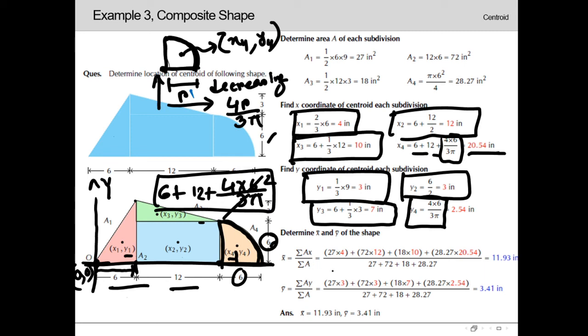Plugging all those values in the formula of x bar and y bar, we will get the centroid of this composite section or composite shape. The coordinate of the centroid of this entire shape will be x bar equal to 11.93 and y bar equal to 3.41.